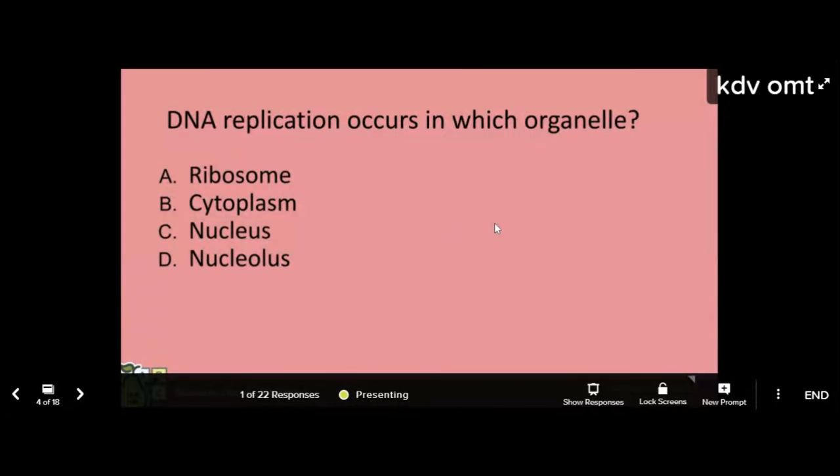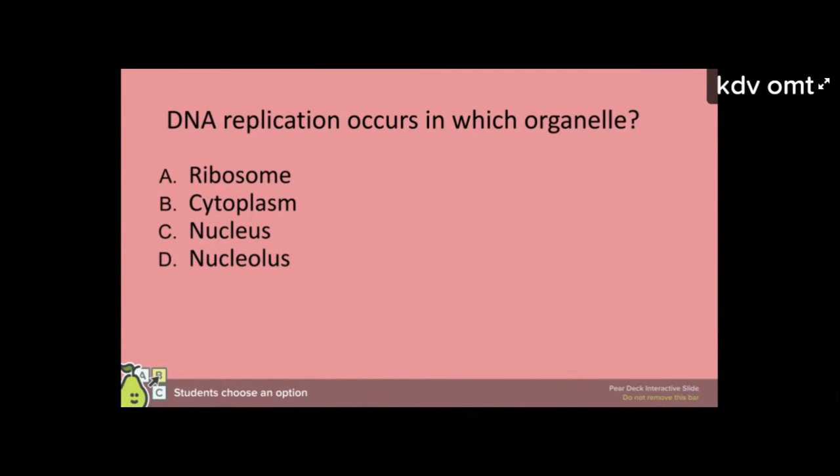All right. DNA replication occurs in which organelle? When you're replicating DNA, think about this. Where is DNA found? And if I said DNA can't leave the nucleus, when you're making copies of DNA, where does it have to happen? Yeah, you're like, it can't be that easy, but it is.